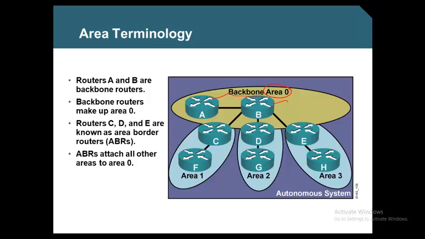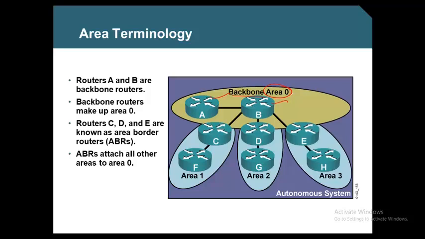When area 0 is connected to a router, that automatically becomes an ABR. If one connection from area 0 is made, that router becomes an ABR. So it is only through ABRs we attach the other areas to area 0.